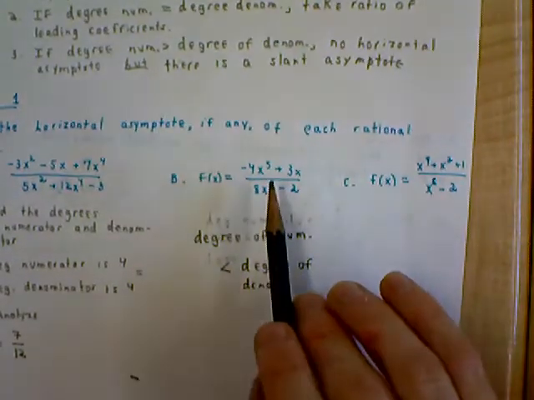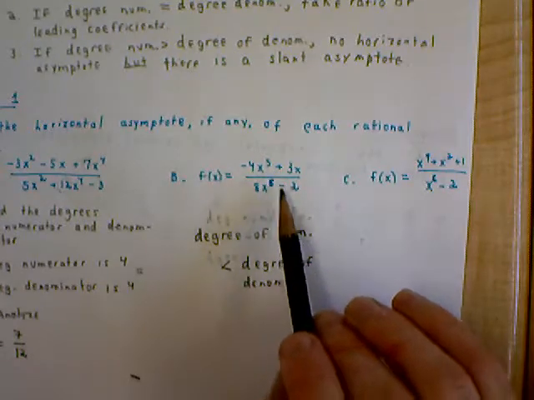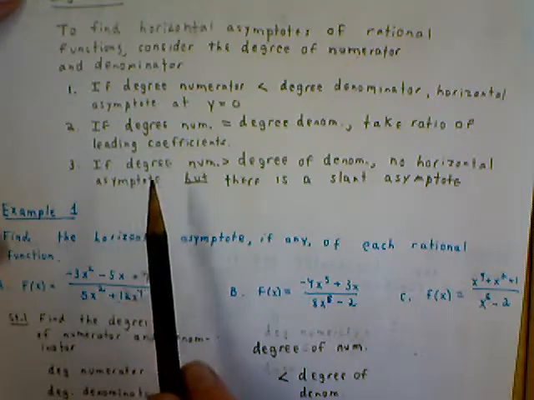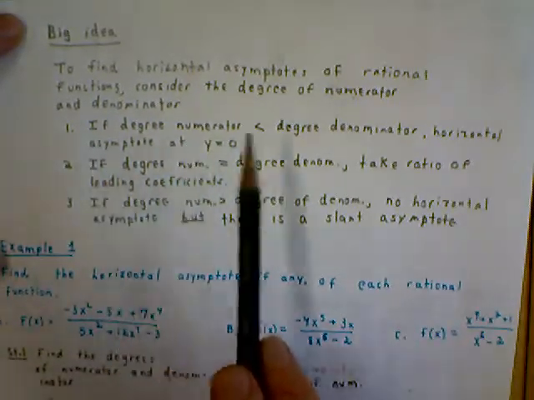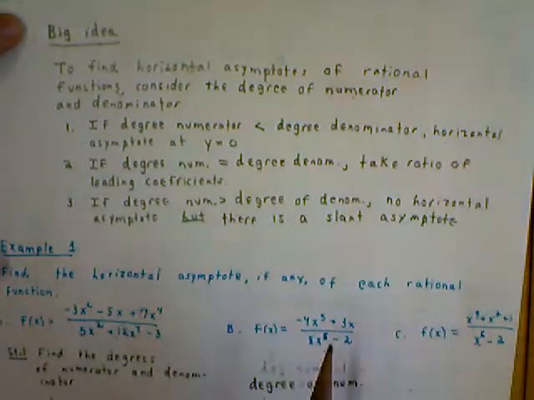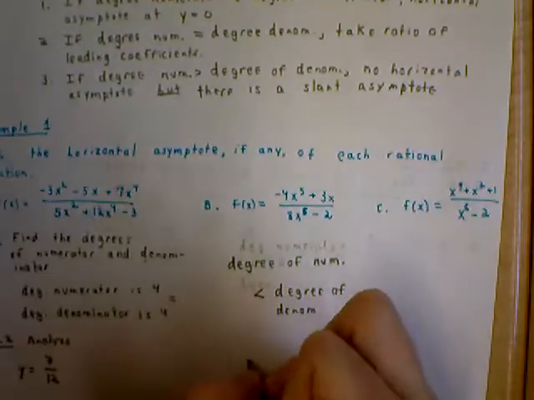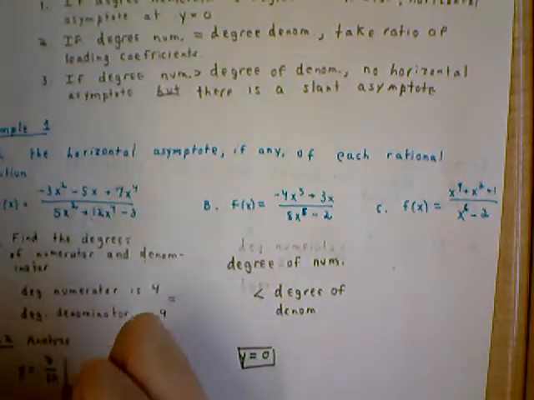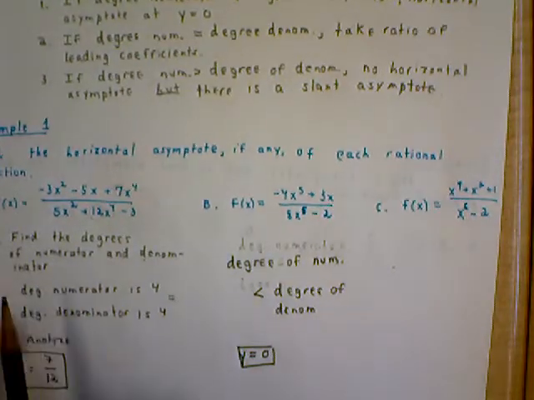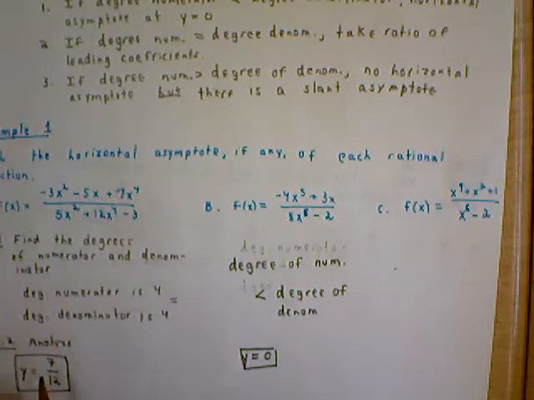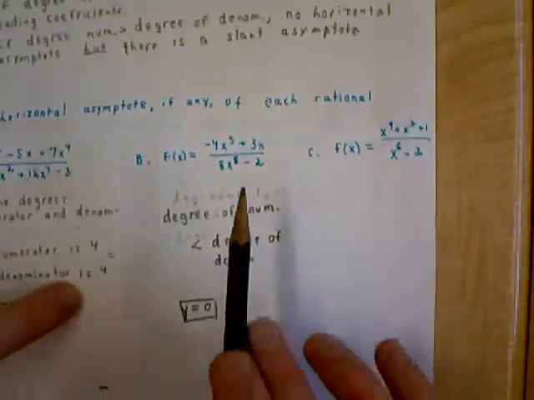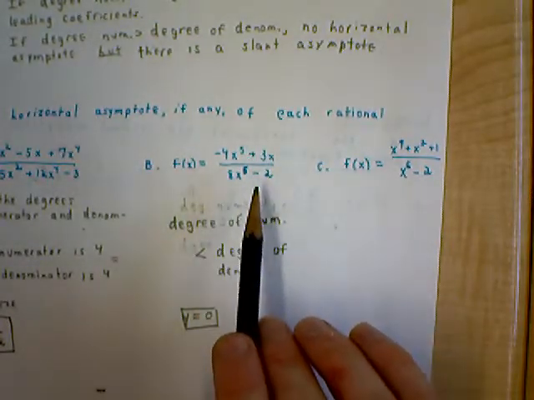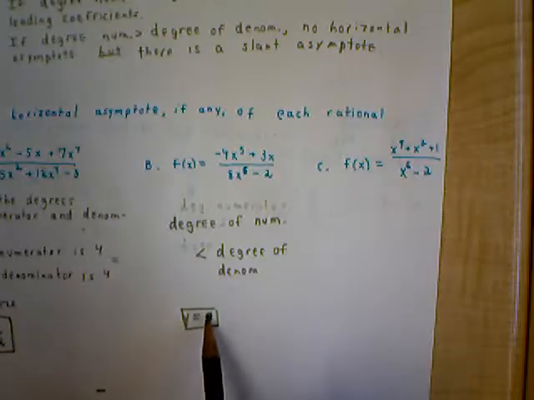So this time I'm going to use case 1, the degree of the numerator is less than the degree of the denominator. So we have a horizontal asymptote at y equals 0. So here the degrees were equal, take the leading coefficients. Here the degree of the numerator was less than the degree of the denominator, so I have y equals 0.